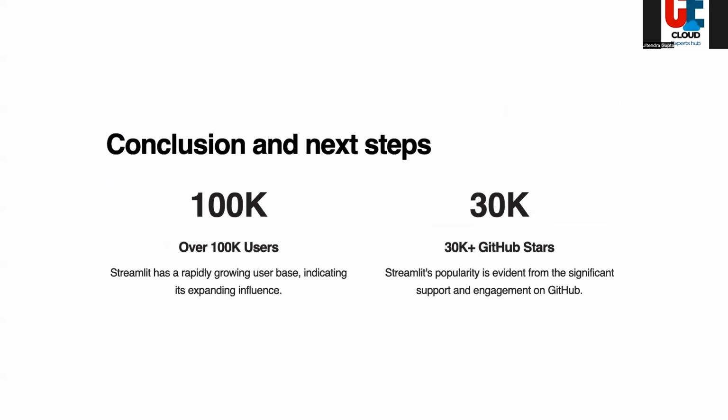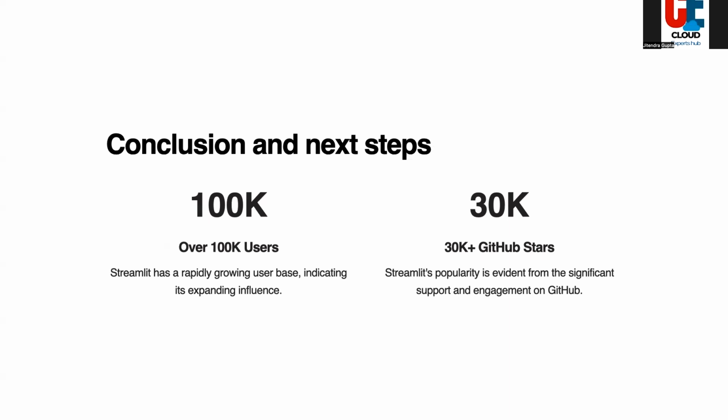To conclude, as of now, the numbers can be even bigger, but it's a rough number that we have 100K plus users using Streamlit applications. Due to the evolution of machine learning, Gen AI, and data science, it is being used by many organizations.